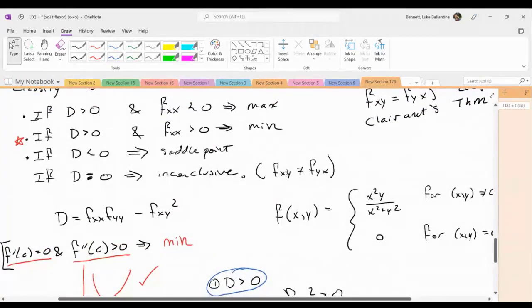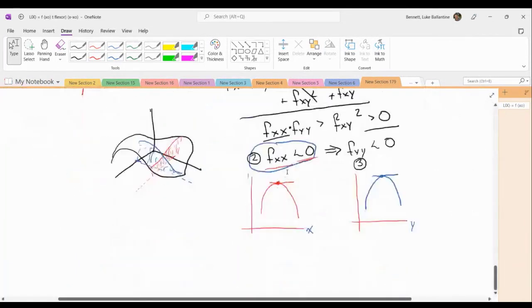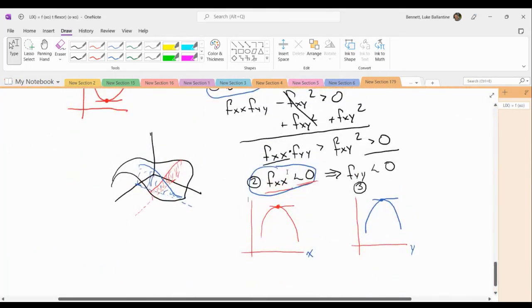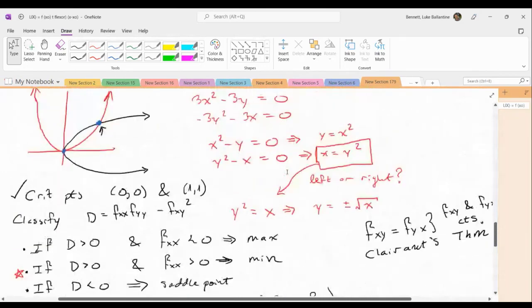In a similar manner, you can do the minimum. And the saddle point, I would have to think about that one. I don't want to spend more time on this than we have to, but I wanted to give some rhyme and reason to it. Anyways, we can continue with this problem.